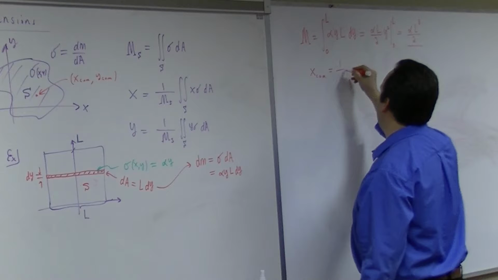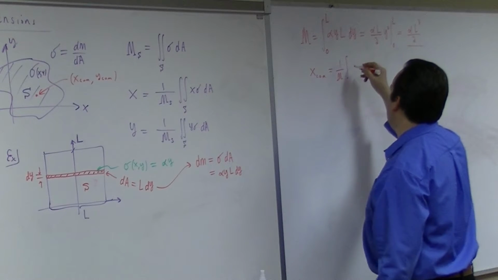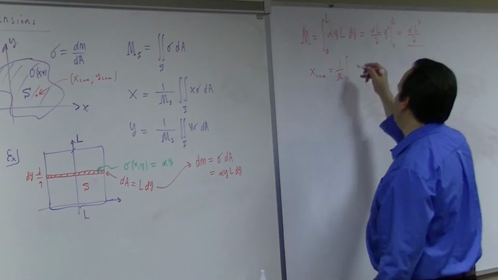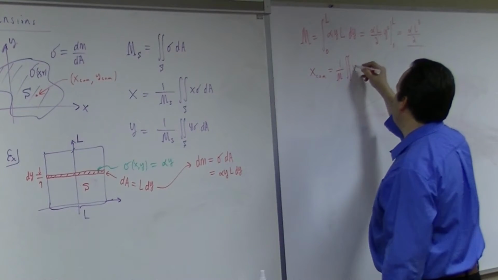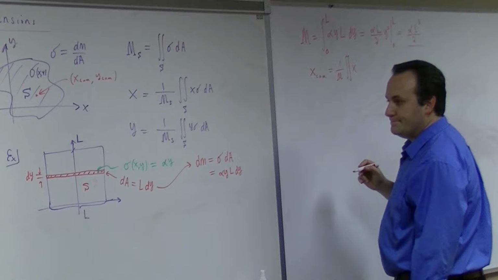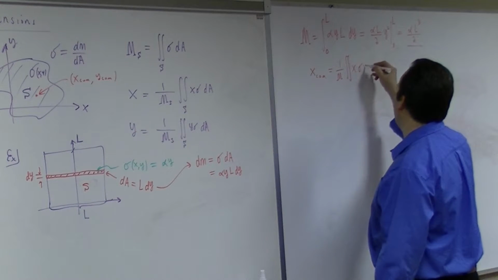So 1 over m, the double integral of x sigma dA.